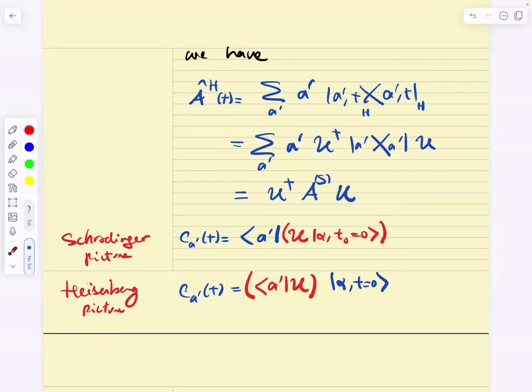This transition amplitude could be interpreted in two different ways. You could think of this as you evolve the ket in the Schrodinger picture, you end up with alpha at time t. You expand it in the A basis, and this overlap is reading off this expression.